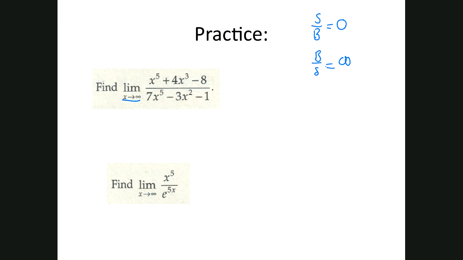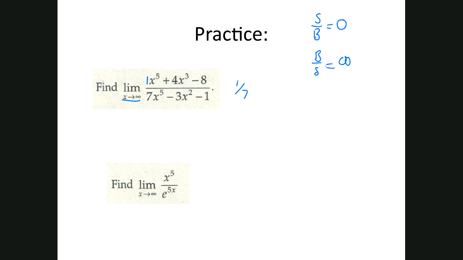So in this problem, I'd look at this and I'd say, oh, heck, I've got the same powers. I'm going to infinity, so that's just 1 over 7, right? I would never, ever use L'Hopital's rule if it's a polynomial over a polynomial and you're going to infinity.